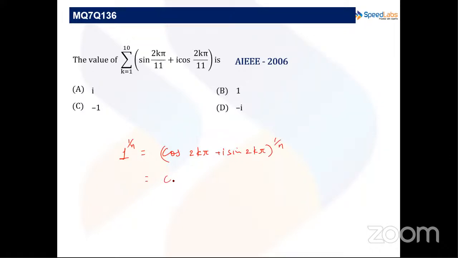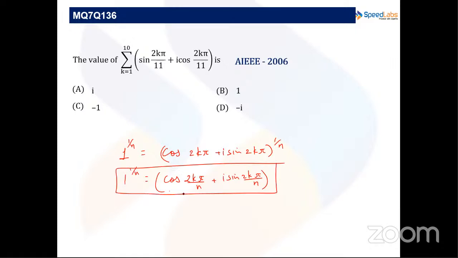So this will be equal to cos 2k pi/n plus i sin 2k pi/n. So 1 to the power 1/n can be written in this form.